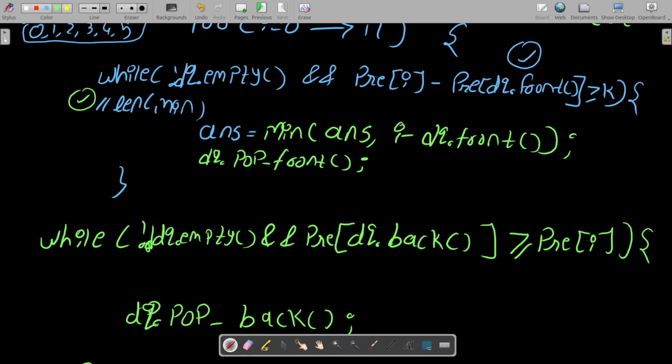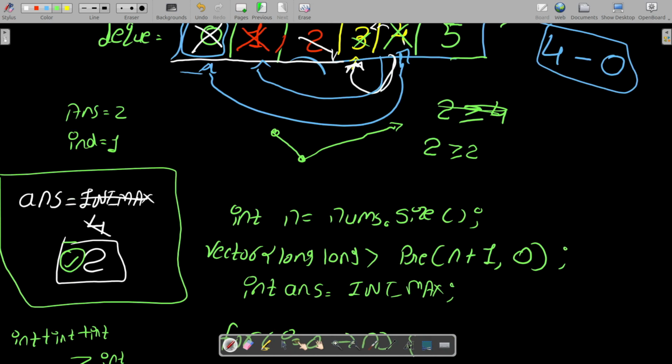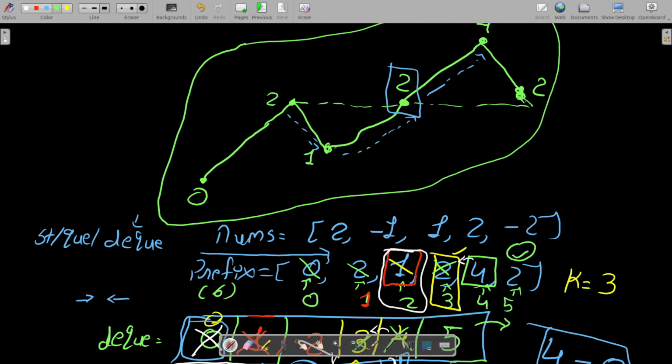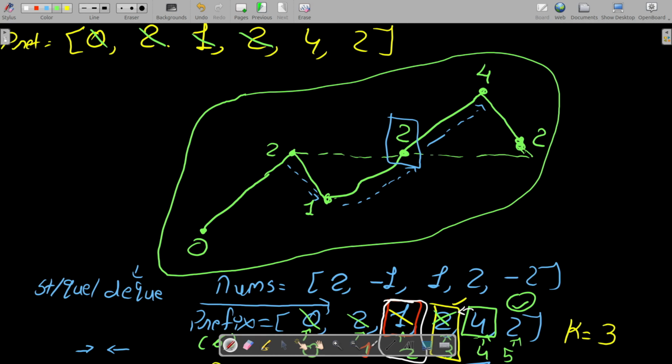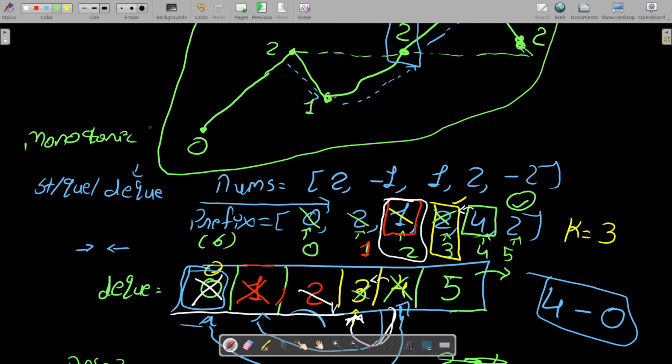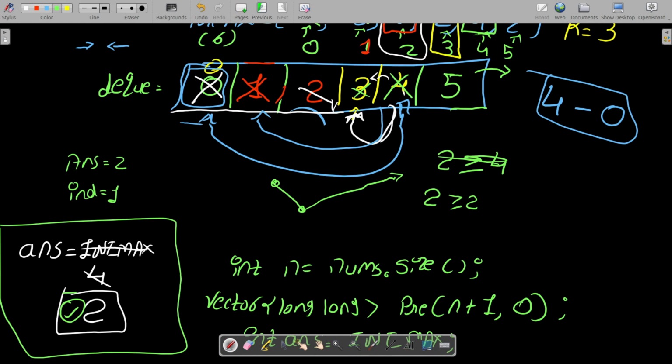So this is the code, and I hope you understood the whole logic of why we are not taking the sliding window, why prefix sum was not working, and why we have come to this monotonic deque and those topics. I hope you understood the logic and the question.